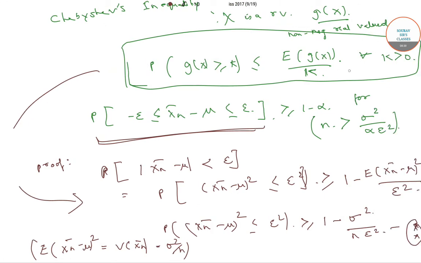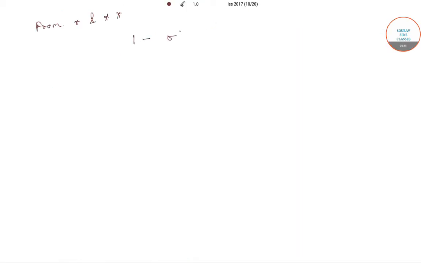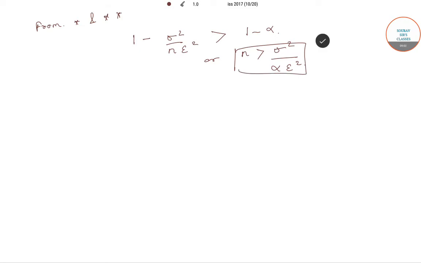Comparing star and double star, we get 1 minus sigma square divided by n into epsilon square is greater than 1 minus alpha, or n is greater than sigma square divided by alpha into epsilon square. This helps us determine the value of n.